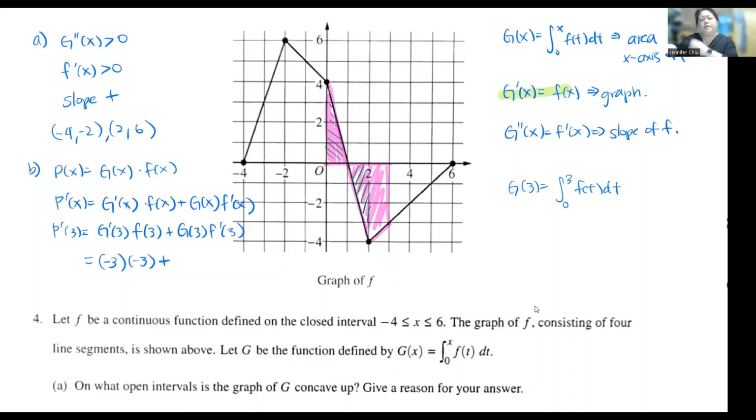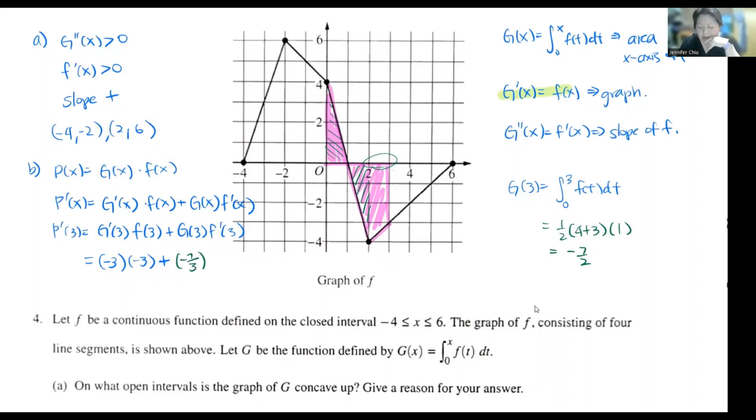I really just need to figure out the trapezoid below the x-axis. So this is 1/2 times the sum of the parallel sides, base 1 and base 2, which are 4 and 3, and then my height is 1. So that's -7/2 because it's below the axis, right? So that is my g of 3, -7/2.